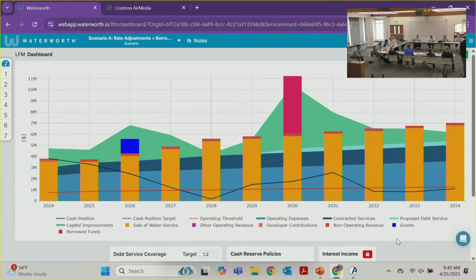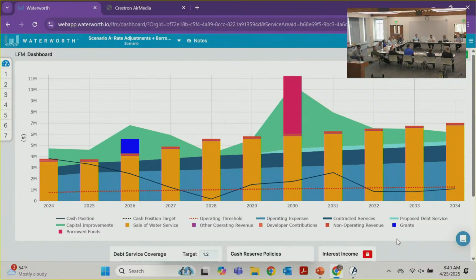Correct. Right. I think what concerns me is like what Dean was saying, as Josh as well. We've done fine at covering our operating costs in the past, but we haven't invested in replacing some of these older lines. And I feel like some of these, they are ticking time bombs. So this is just an effort to get ahead of that and replace things over time rather than wait.